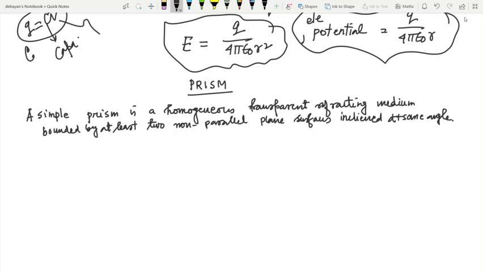So that is the basic definition of a prism.